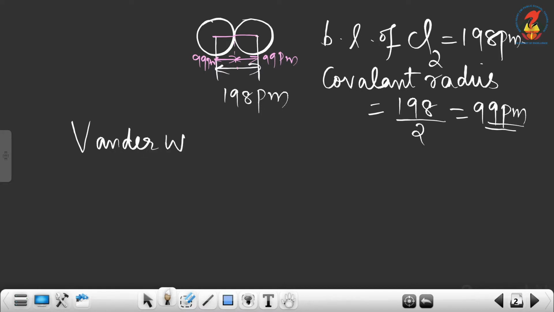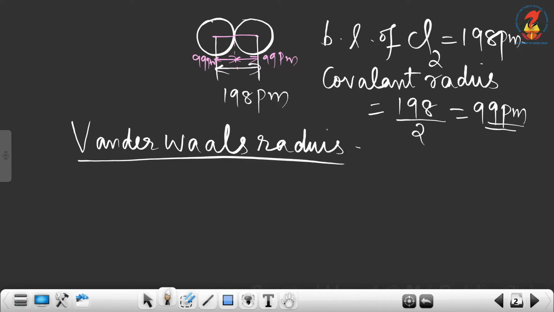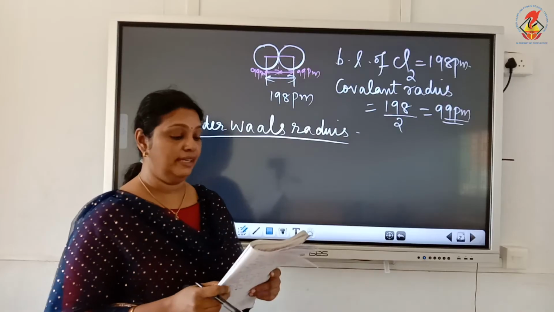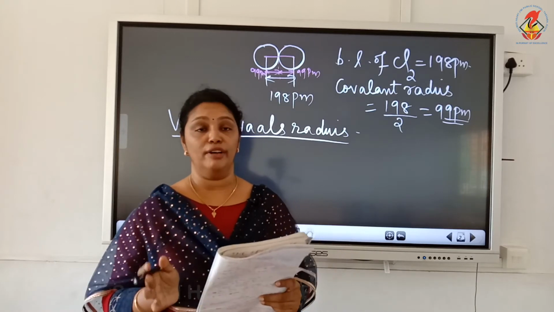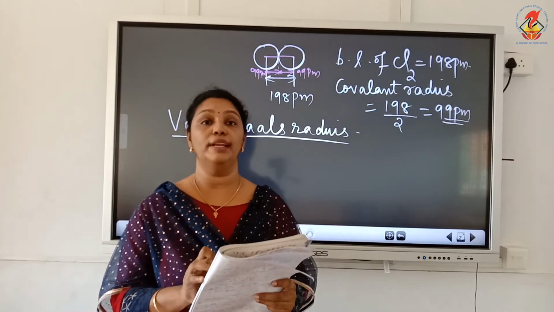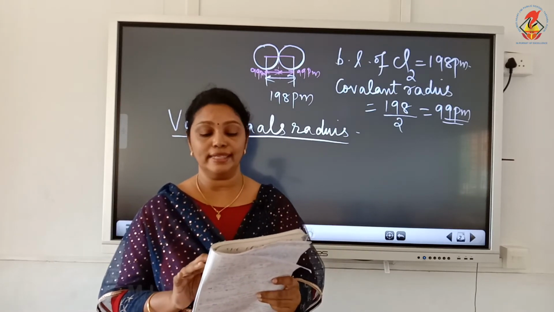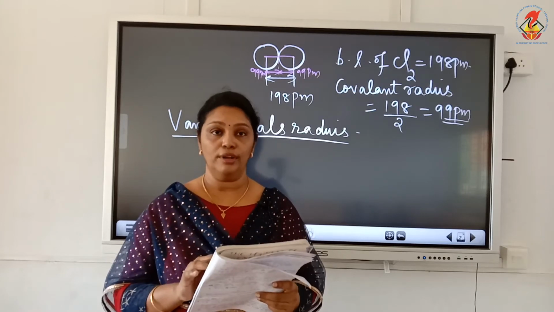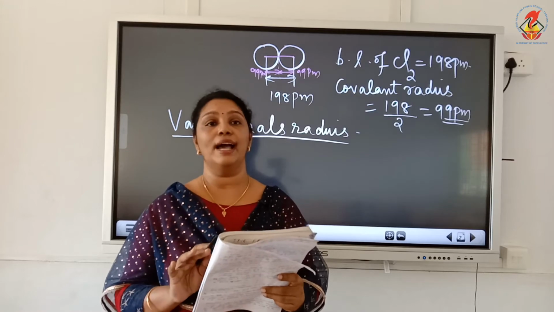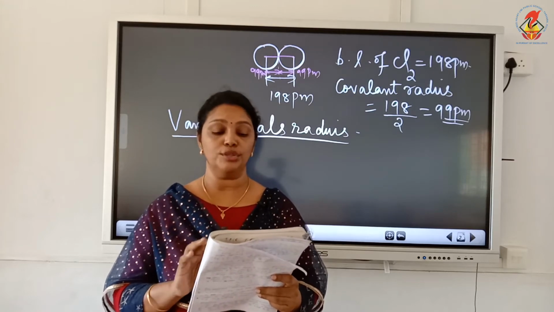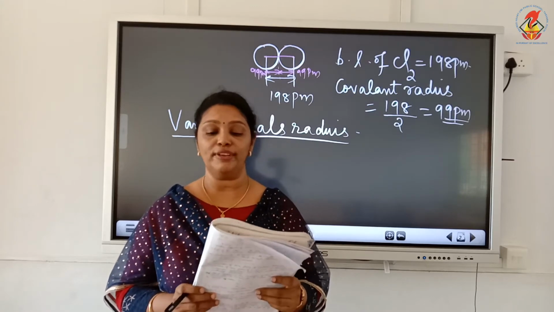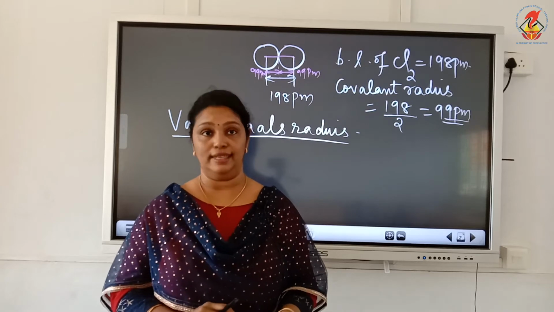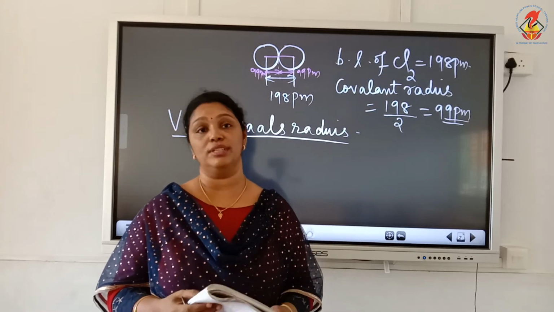Van der Waals radius is half the distance between the nuclei of two identical non-bonded isolated atoms or two adjacent identical atoms belonging to two neighboring molecules of an element in the solid state. So this is the definition of van der Waals radius.